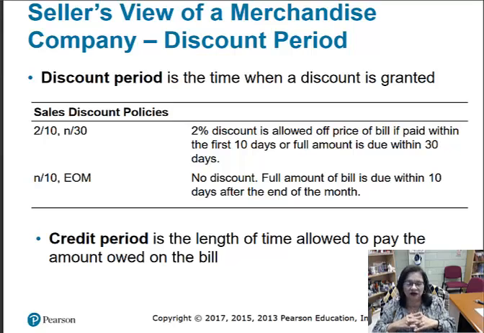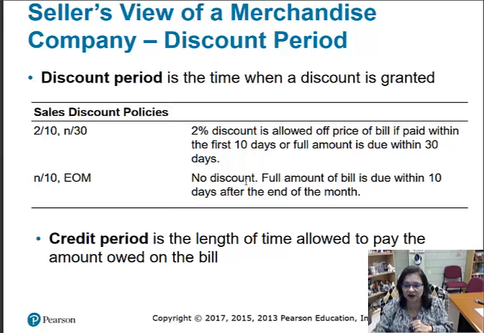This right here, these numbers here, says that a 2% discount will be taken off the bill if it's paid in 10 days. Okay? The full amount, regardless, is still the amount that is due in 30 days. Okay? They still have to pay me within 30 days.